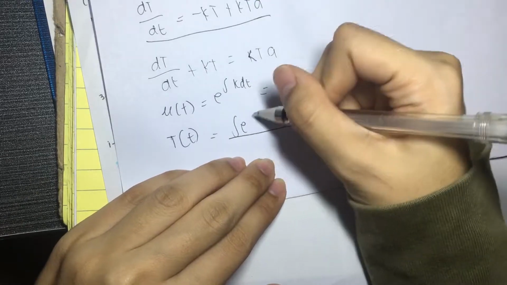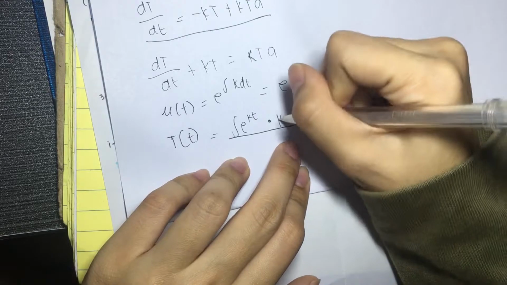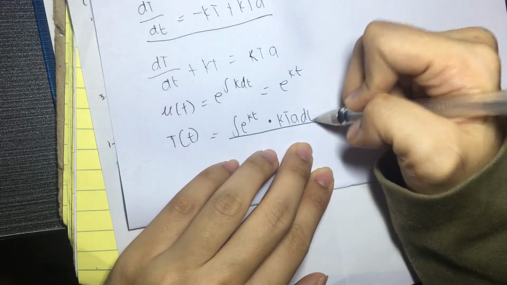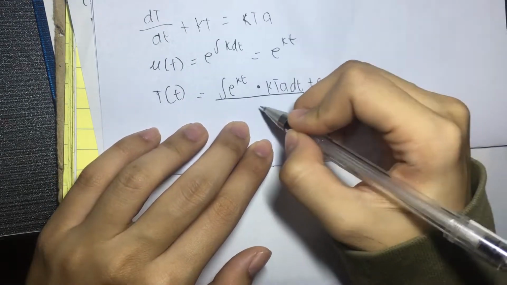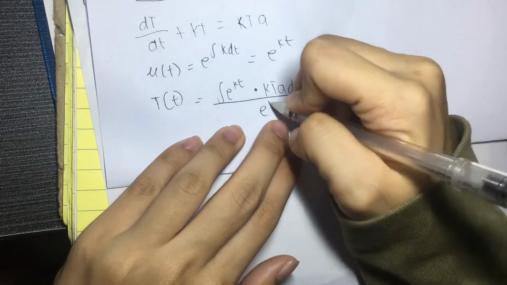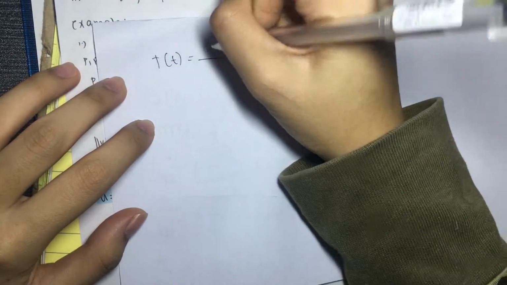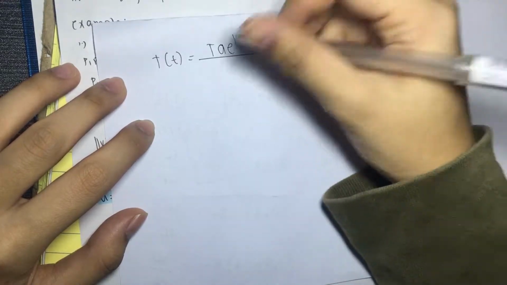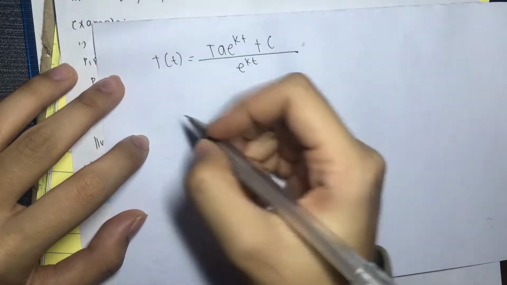Then T equals the integral of e raised to kt times kTa dt plus c, over the integrating factor e raised to kt. We will have Ta e raised to kt plus c over the integrating factor, e raised to kt.